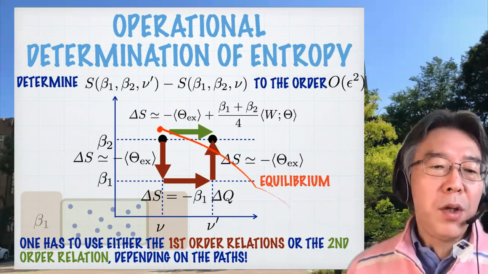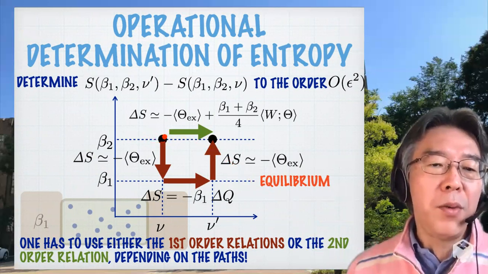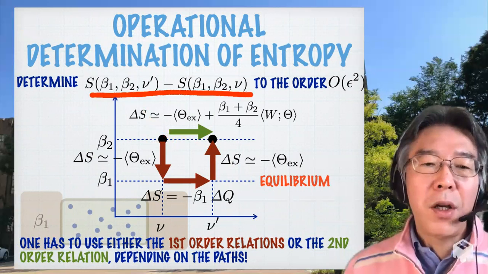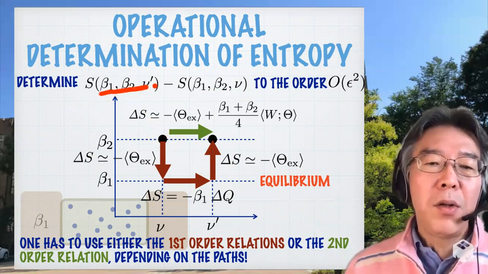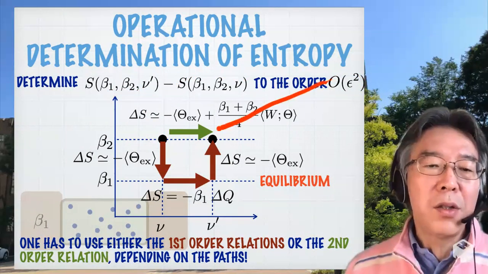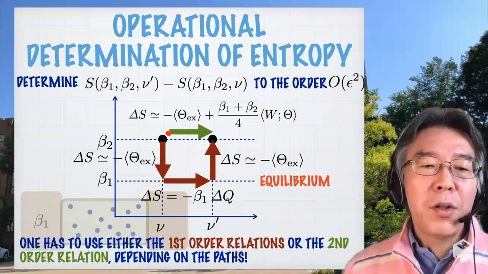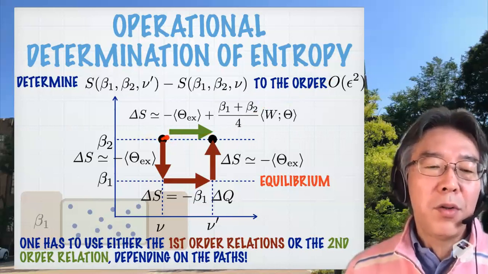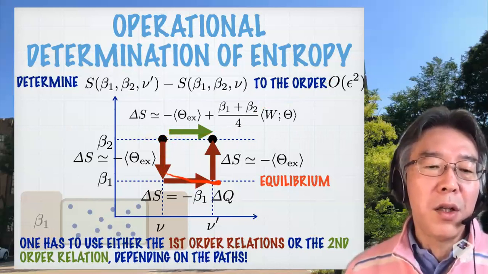Suppose that we want to determine the difference of these two non-equilibrium entropies with a precision of order epsilon squared, then you can do it either going directly from here to here, or you can go from here to here indirectly like this.